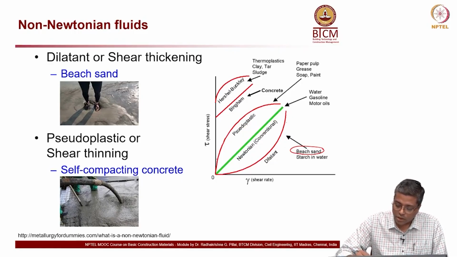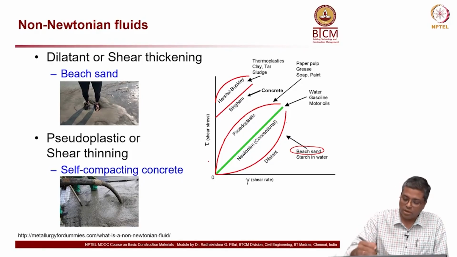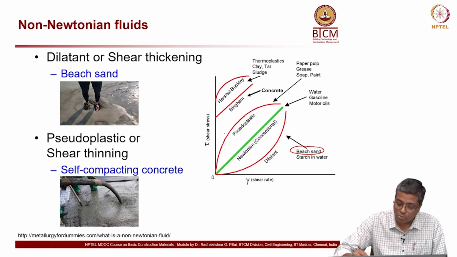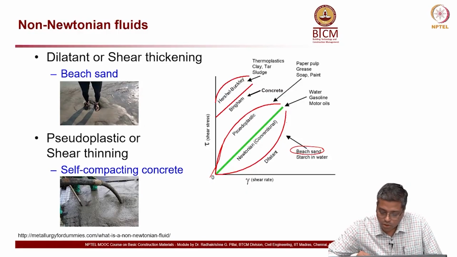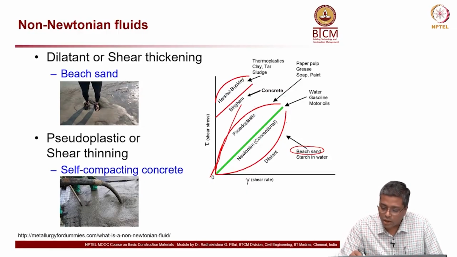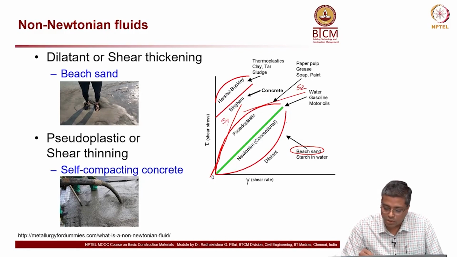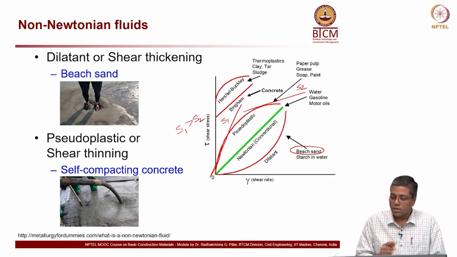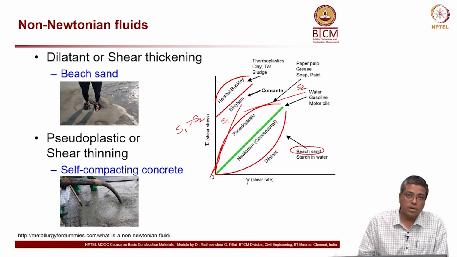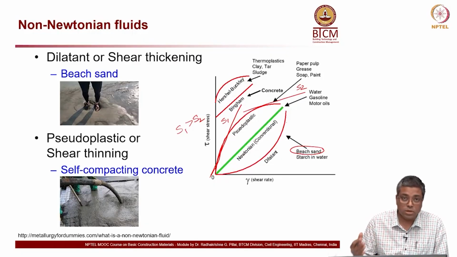Now, just like I mentioned in the previous case of dilatant, look at how the slope is changing. Imagine this is S1 and here the slope is S2. In this case S1 is greater than S2. In other words, as more and more shear rate or load is applied, the stress slope is decreasing.